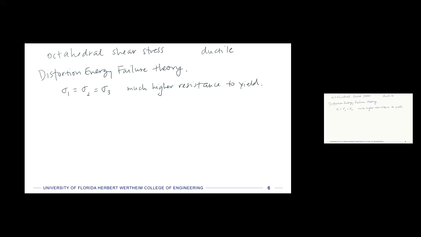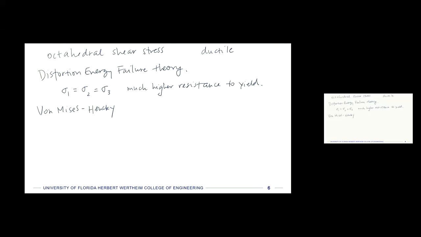Okay, so this caused the mechanicians to go back to work. And specifically, those people were von Mises, who this is named after, and sometimes this is also called the von Mises-Hankey failure theory.